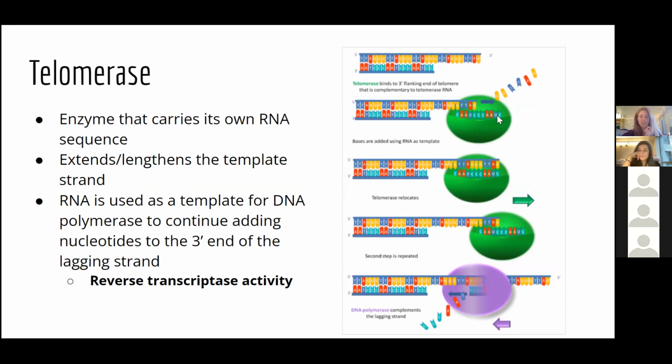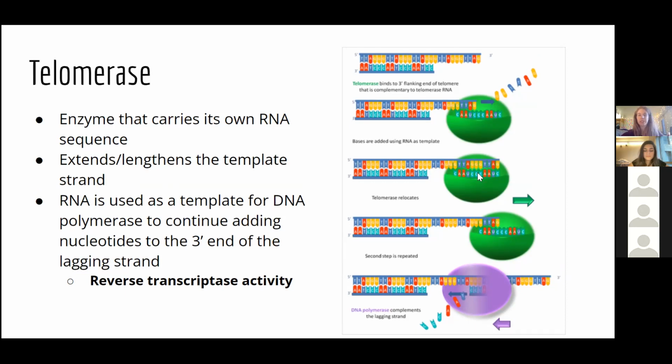And so a reverse transcriptase is essentially, as on the slide here, the RNA that the telomerase has is used as a template for the DNA polymerase to continue adding nucleotides to the 3' end of the lagging strand.